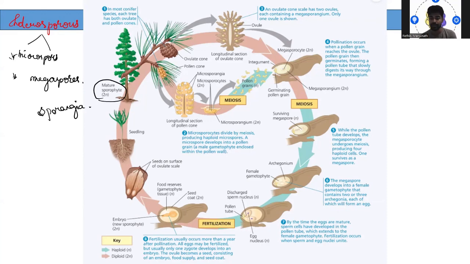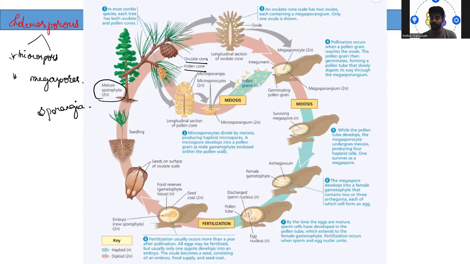So now what happens? They are produced within the sporangium and they form a lax or compact strobilus or cone-like structures. Okay. Here you can see the pollen cone and the ovulate cone.